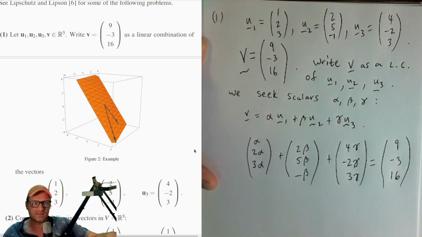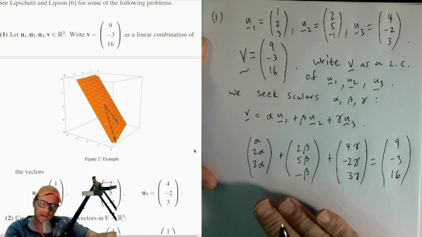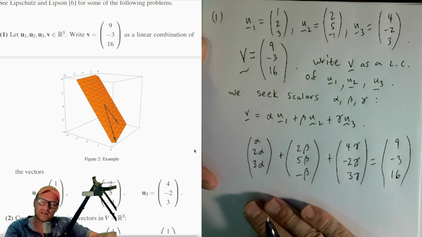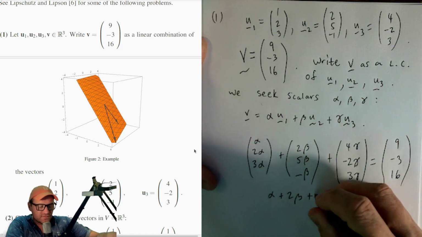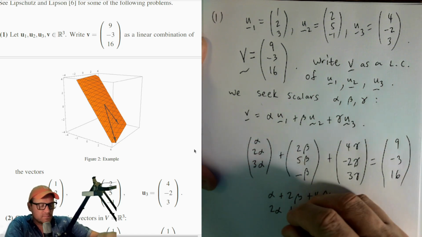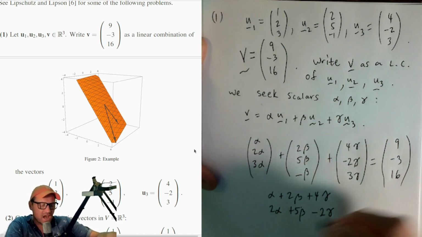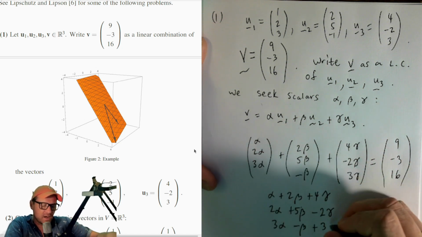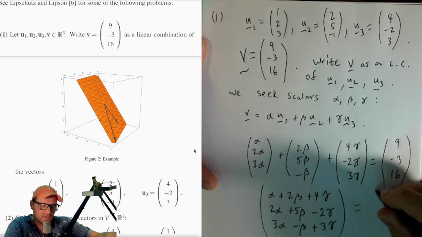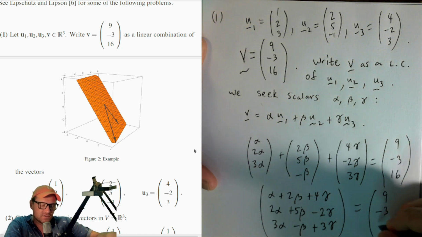Okay, now we're seeking to solve for alpha, beta, gamma. Now let's add the vectors on the left-hand side together. So we get (alpha plus 2 beta plus 4 gamma, 2 alpha plus 5 beta minus 2 gamma, 3 alpha minus beta plus 3 gamma). So this vector is equal to the vector v, (9, -3, 16).